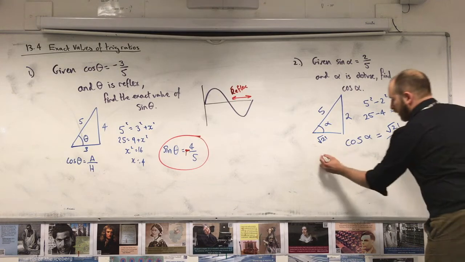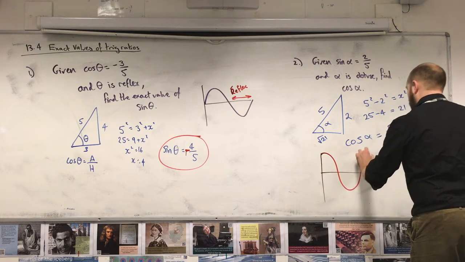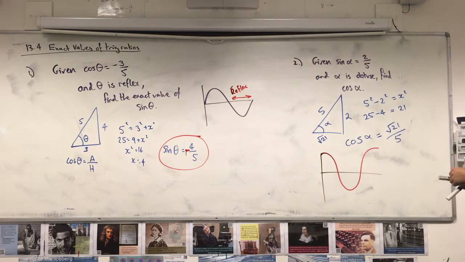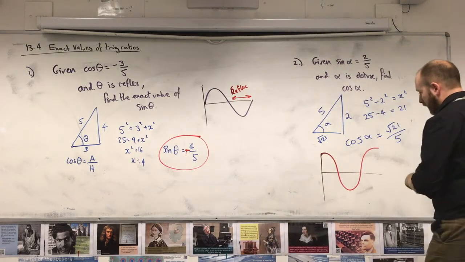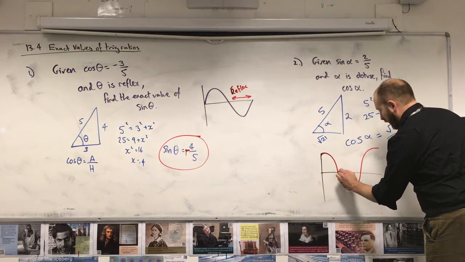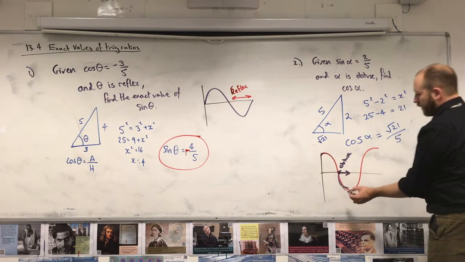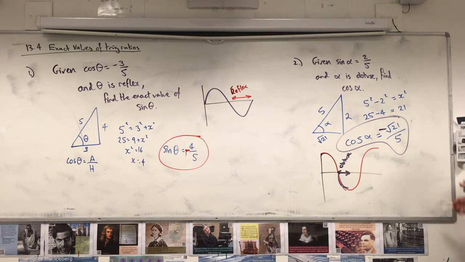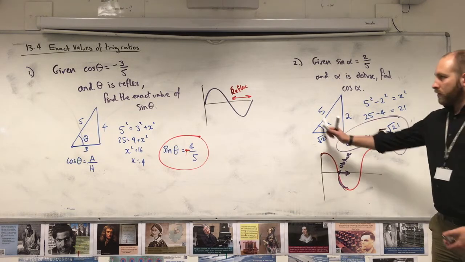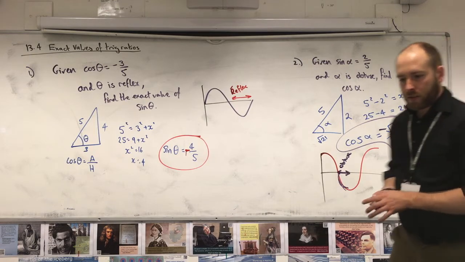So if we sketch cos, obtuse is going to be between 90 and 180. So again, cos is negative for that bit, so we need to put in a minus sign, and we get cos theta is minus root 21 over 5. So we can use sketches, and we can use right angle triangles to try and find equivalent and exact values of trig ratios.